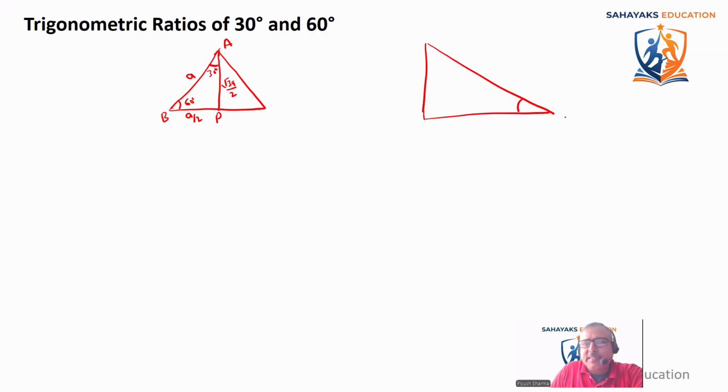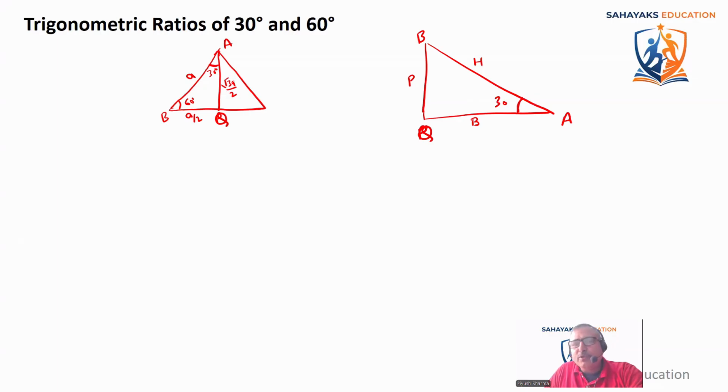Now this angle is A, this is B, and this is P. This angle is 30. With respect to 30, what is the perpendicular? This side will be perpendicular. So instead of B, I should have written Q, so that we don't get confused. So this is perpendicular, this is hypotenuse, and this is base.